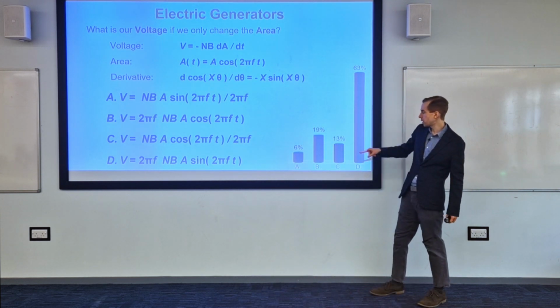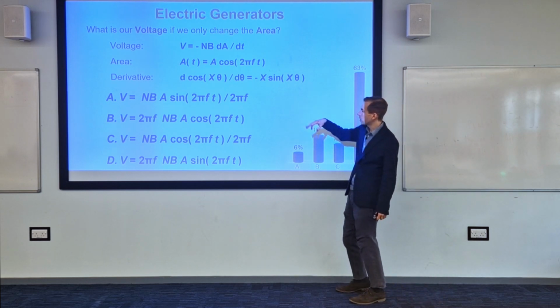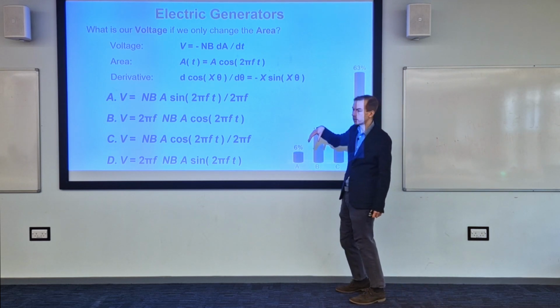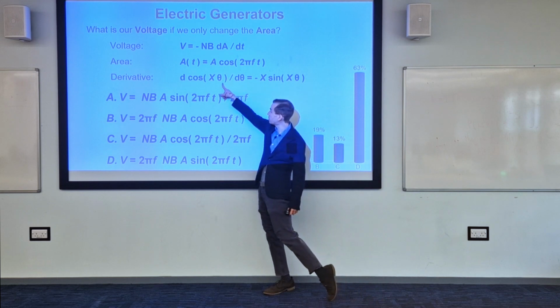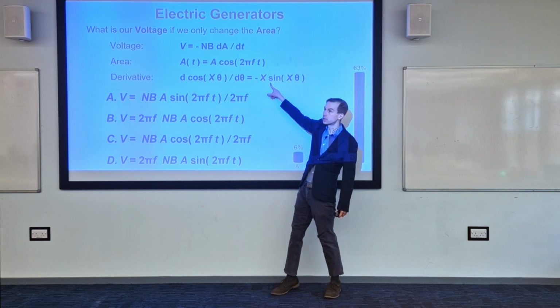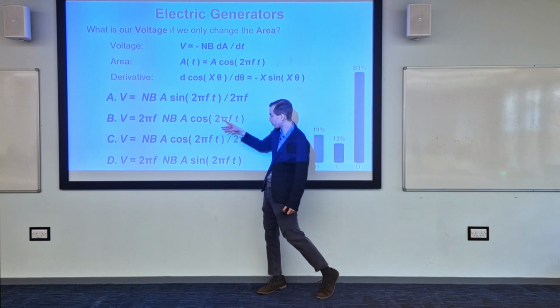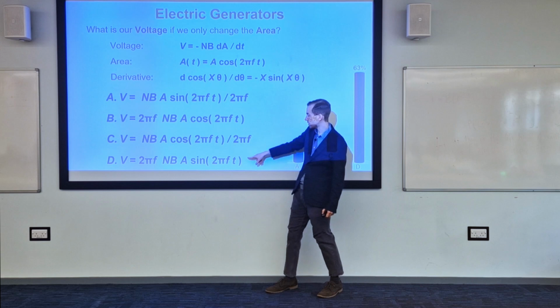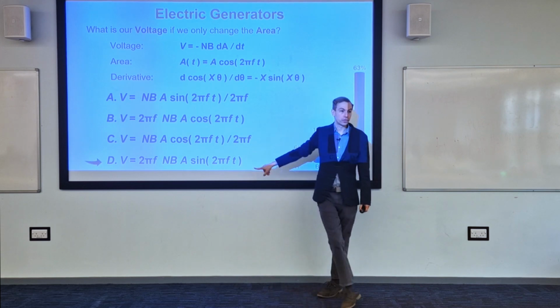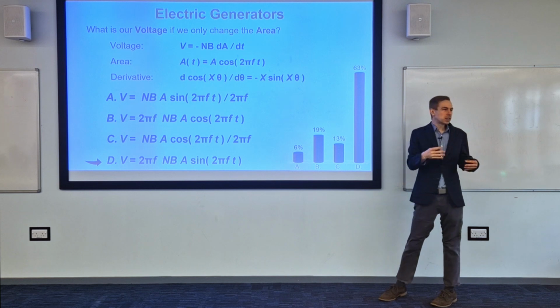It's either got to be A or D. And then really what's going on here is with this 2πf business. If there's something in front of the derivative, so an x here, we just take it out in front. So the thing in front here is the 2πf, so it just goes in front. So what that's going to give us is option D over there. So very well done, everybody who gave this one a go.